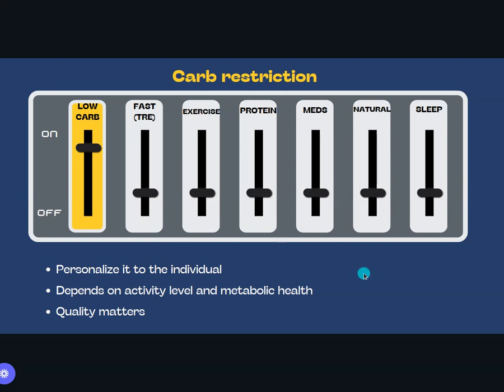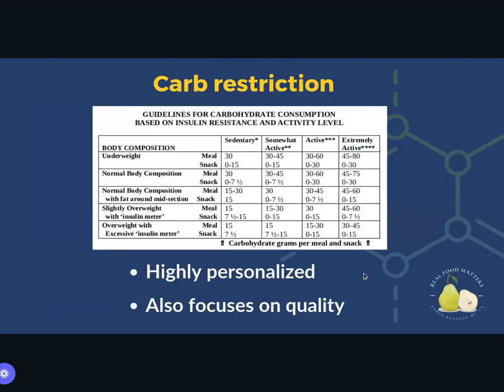So carbohydrate restriction is really a whole talk in and of itself. But in my classes, we often start, and this is still just a place to start experimenting, with a chart like this, where we look at how active you are and your body composition. And when you see this body composition chart, you can see something called the Insulin Meter. That's a metric that we use, which is basically your waist measurement, to determine your metabolic health.